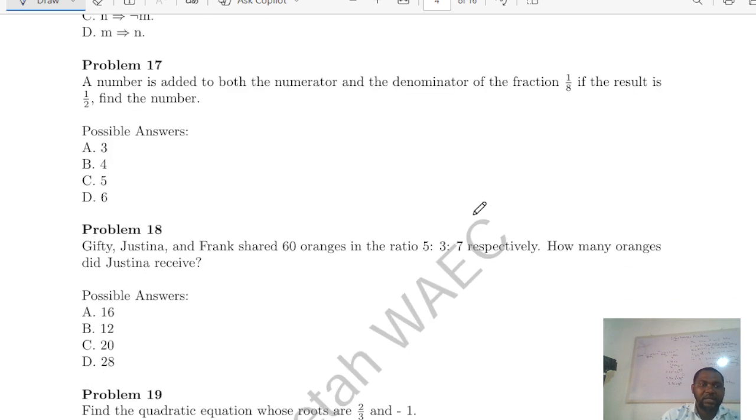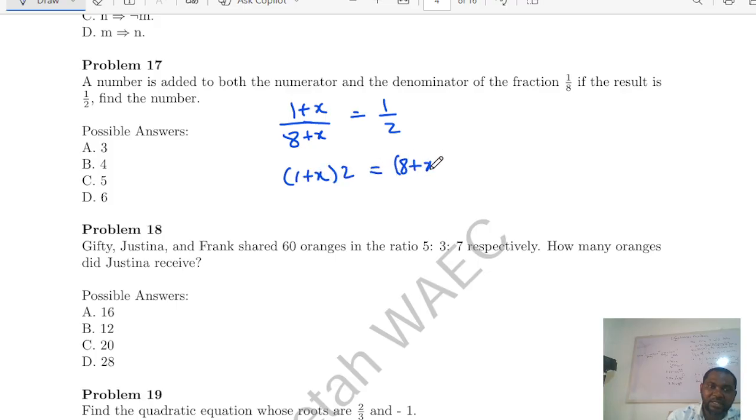Now the next one says a number is added to both the numerator and denominator of 1 over 8. If the result is 1 over 2, find the number. That's easy. So let's say you have 1 over 8, you add the number, let me call the number x, to both numerator and denominator, and the answer is 1 over 2. This is quite easy. So we can solve for x. We start by cross multiplying. We have 1 plus x times 2 is equal to 8 plus x times 1.